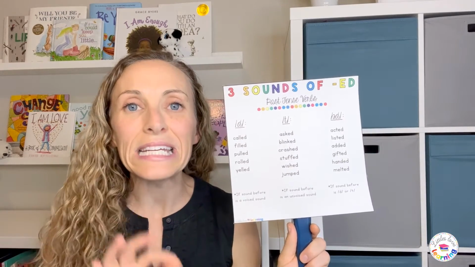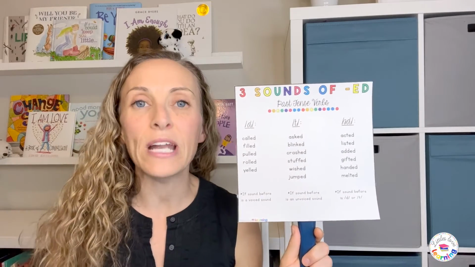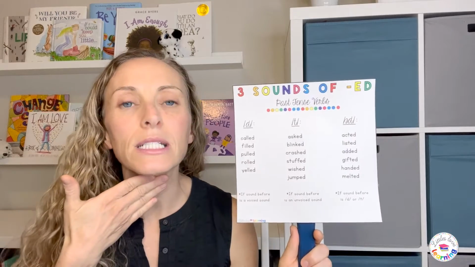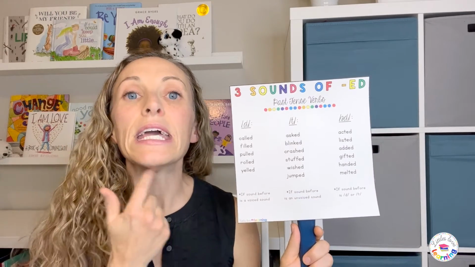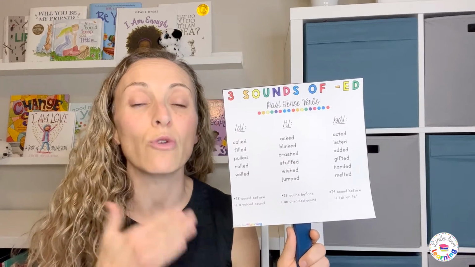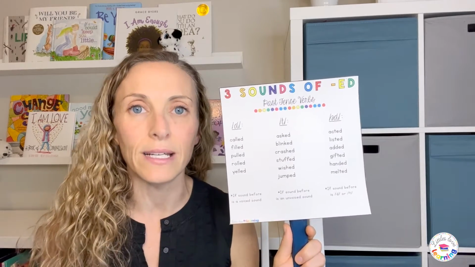Once we add ED to that word, we are going to pronounce it as d, called, filled, pulled. It's because the sound before the ED is a voice sound. So that's why it's going to represent the d.